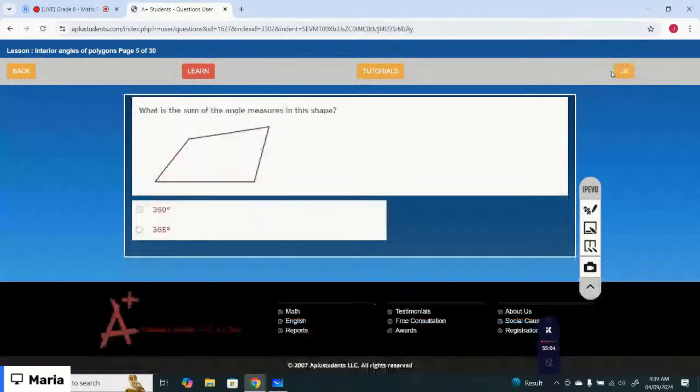What is the sum of the angles measured in the shape? So, which is the correct option? The correct option is 360 degrees.